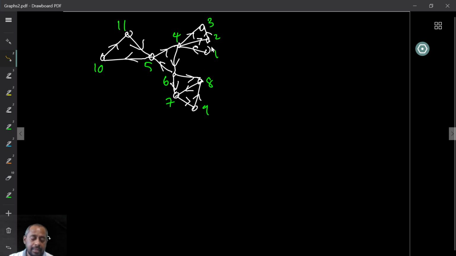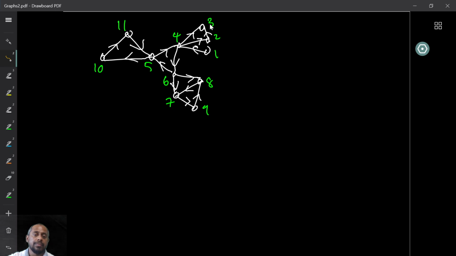And similarly, the vertex 1 by itself is a component because it is not strongly connected to anything else. Similarly, vertex 2 by itself is a component, and vertex 3 by itself is a component. Right? 2, 3 is not a component. There is no way to reach 2 from 3. So these are the strongly connected components.